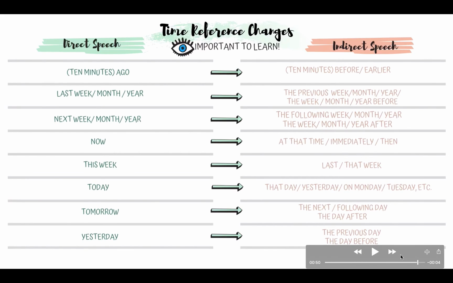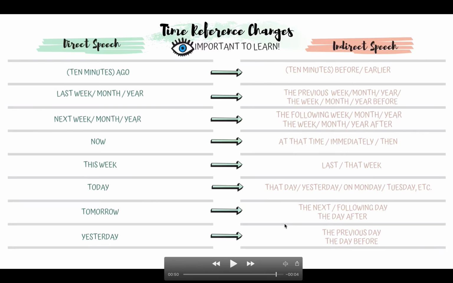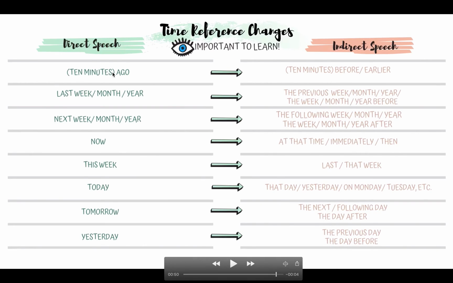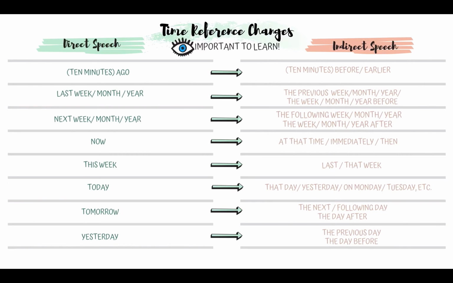Okay, here as well, you have been given a table. This again is extremely important to learn to be able to correctly form a reported speech statement using the adverbs correctly. So 10 minutes ago. So 10 minutes could be anything. It could be 20 minutes, half an hour, 3 days ago, 3 years ago.